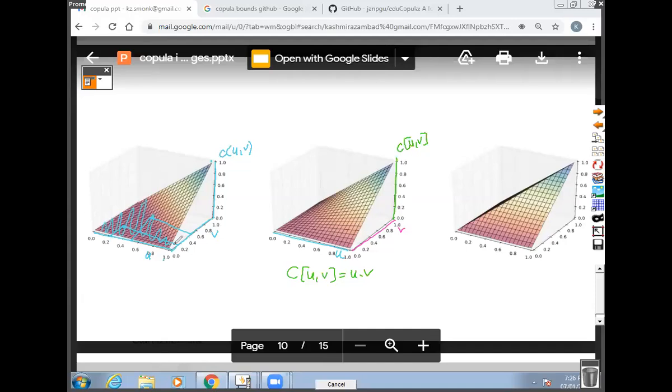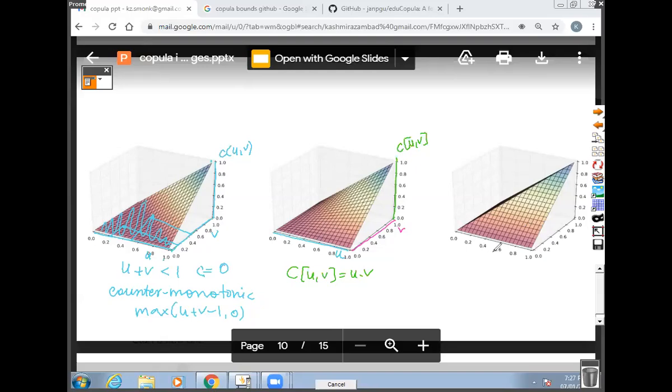So what I observe here is that if my U plus V is less than 1, then my copula takes a value of 0. And we observe this in terms of the countermonotonic copula, where I say that my copula is the maximum of U plus V minus 1, and 0, which is what you observe here.